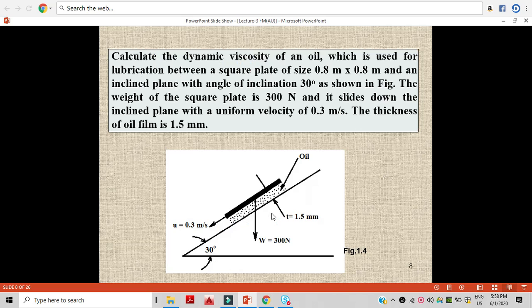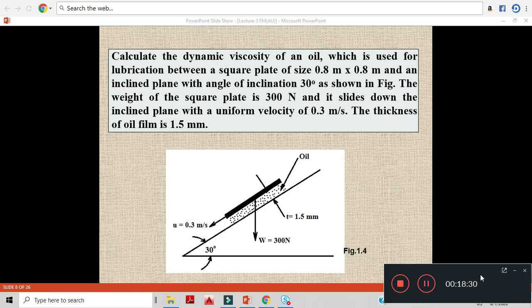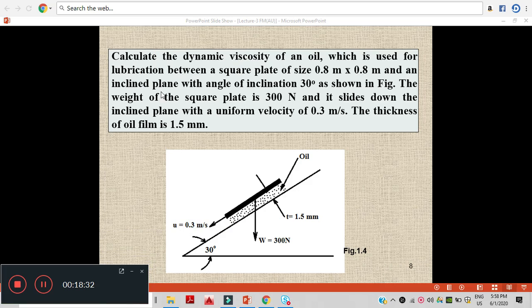So now let's move on to another problem. Calculate the dynamic viscosity of an oil which is used for lubrication between a square plate of size 0.8 by 0.8 meter and an inclined plane with an angle of inclination of 30 degrees, as shown in the figure.